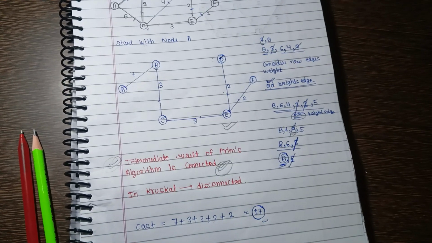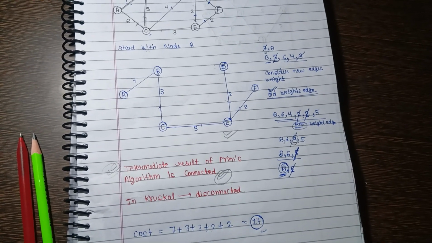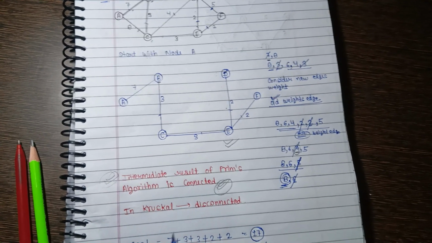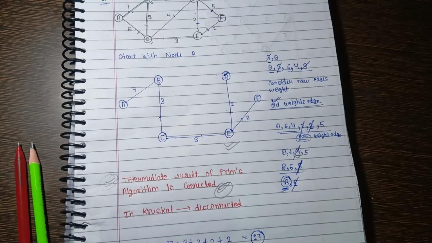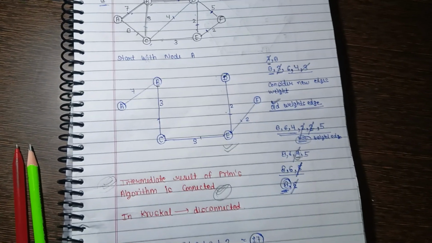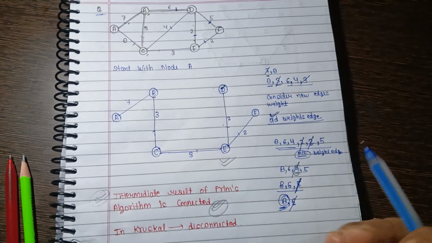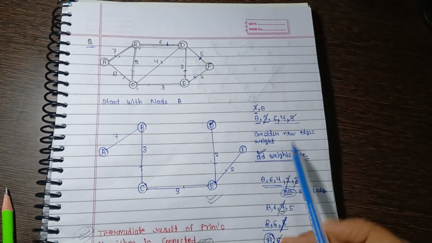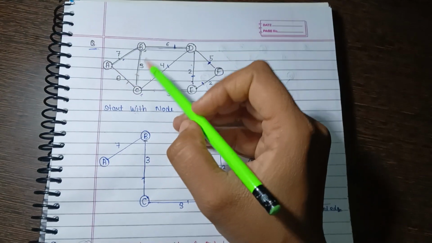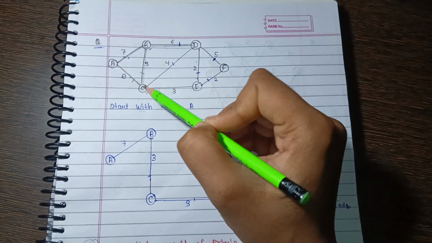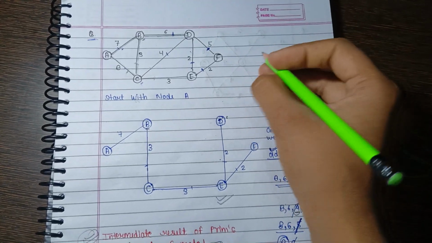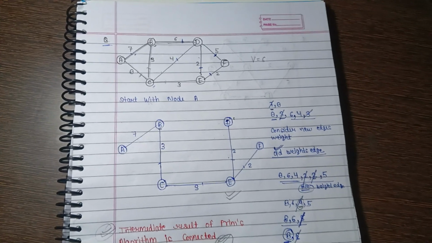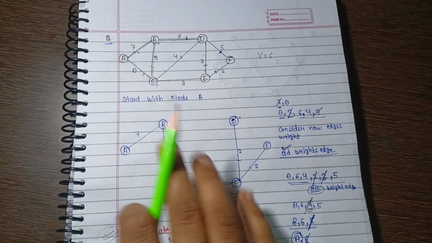Okay, and you can check whether you made the spanning tree correctly by counting the number of vertices and the number of edges. In our graph we have a total number of vertices: 1 2 3 4 5 6. We have 6 vertices in total. And the spanning tree also has an equal number of vertices.